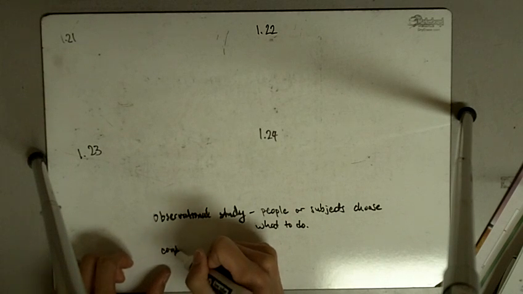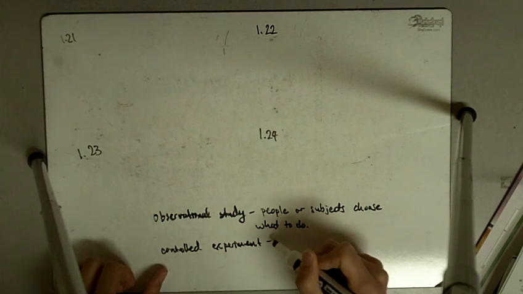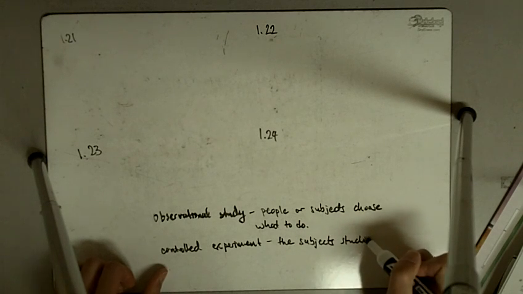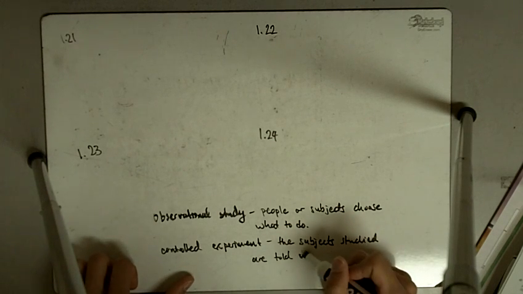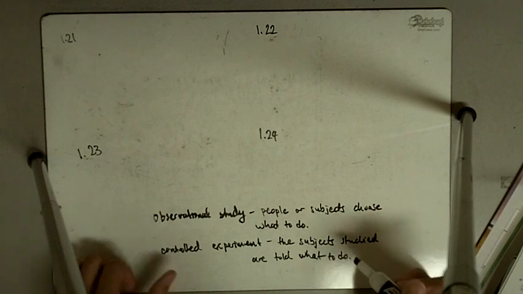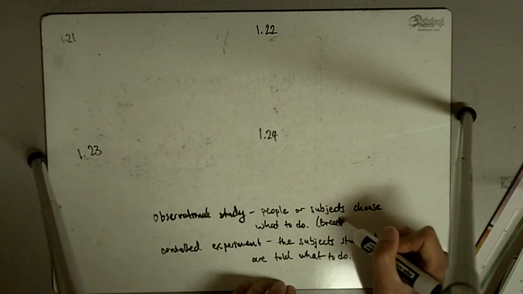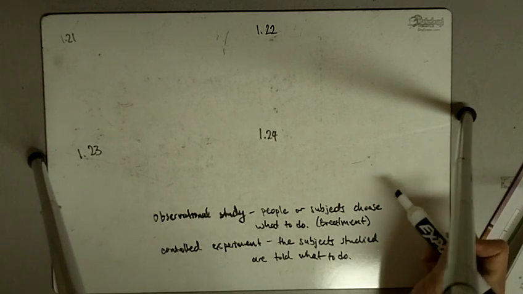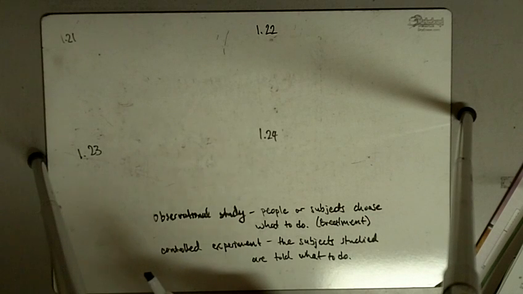While in a controlled experiment, the subjects being studied are told what to do, as in which treatment group they are in. So in an observational study, someone may choose to take vitamins on their own or not, and in a controlled experiment, the researcher tells them, you are going to take vitamins, and you over here are not going to take any vitamins.